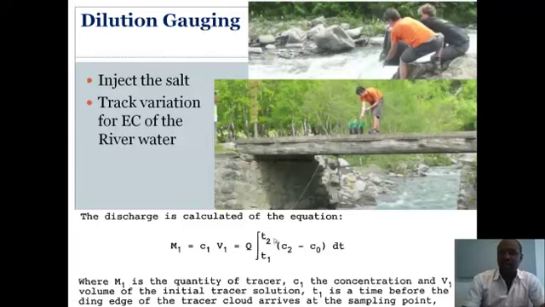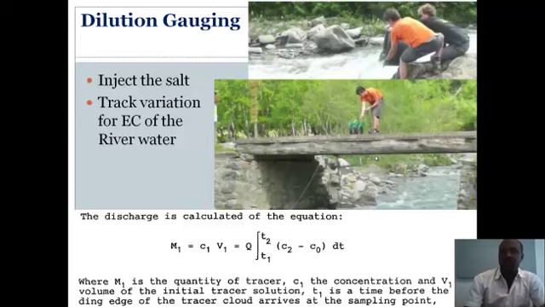And then we keep measuring the concentration of salt downstream at each time until we find a constant salt concentration. If it is constant, it tells us that the river is no longer carrying the added salt, but is back to its own natural state.